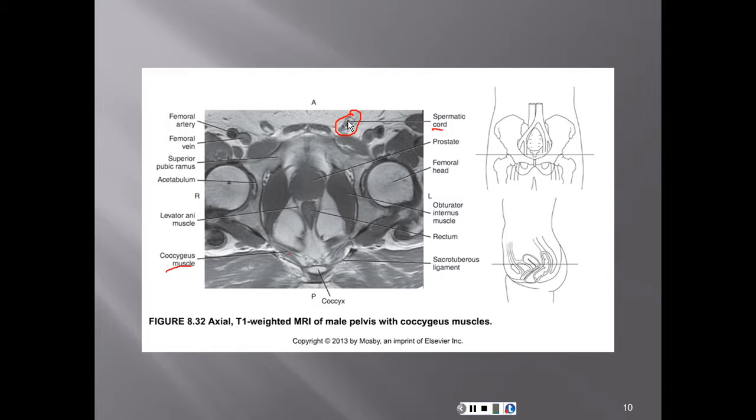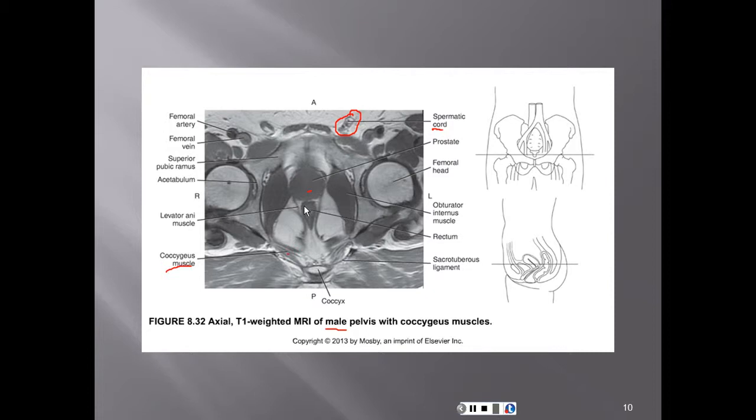This area is also the weak spot for inguinal hernias that we mentioned a little earlier. And plus we have a prostate gland, so we should be able to determine that this is indeed a male pelvis, just because we see a spermatic cord and we also see a prostate gland.